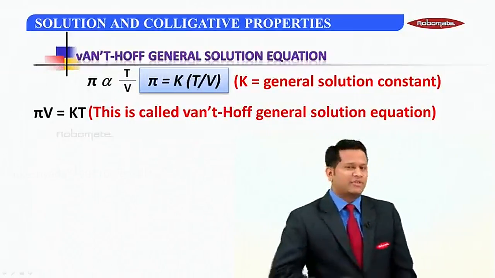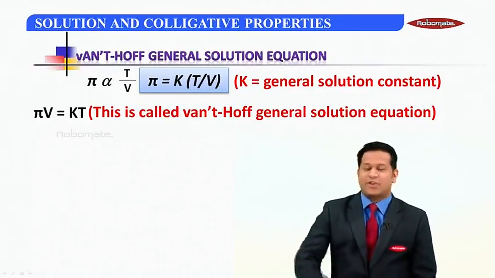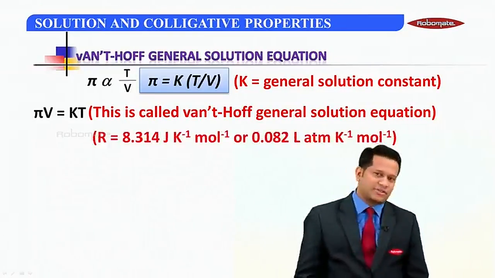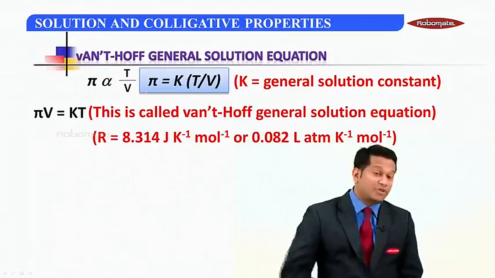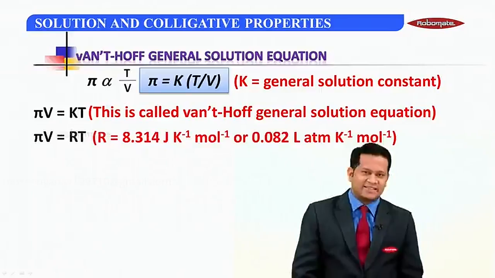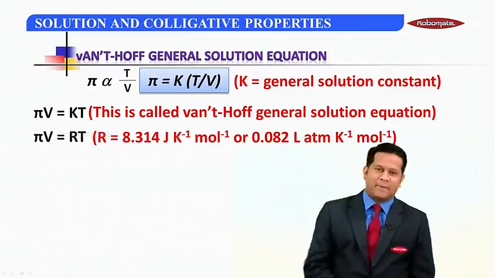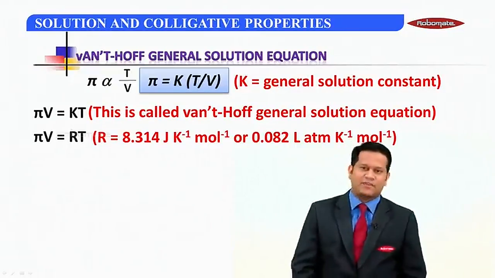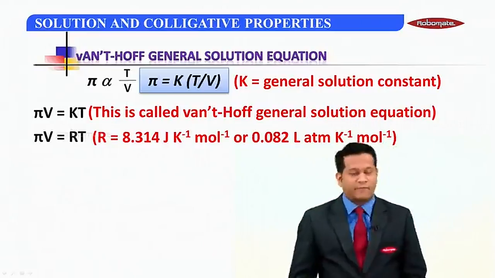Now the observation is that the value of K is equal to the universal gas constant, that is R equals 8.314, the universal gas constant. Hence pi V equals RT. I am just replacing K by R. Now this is applicable for 1 mole of the solute.